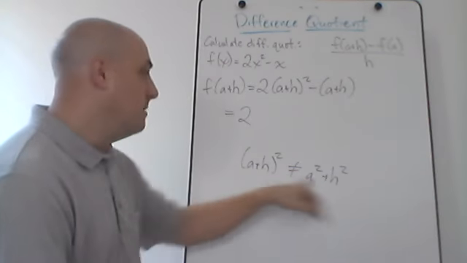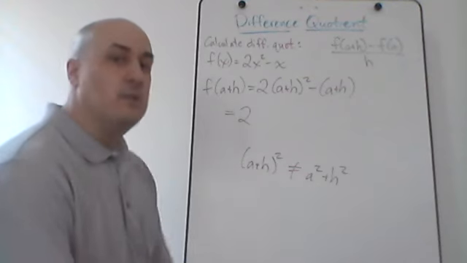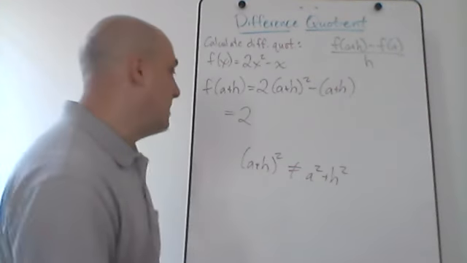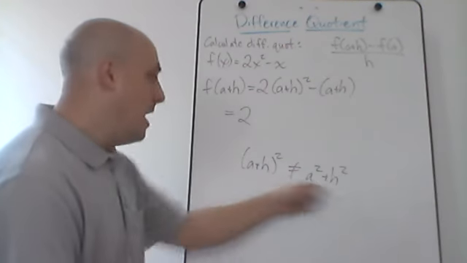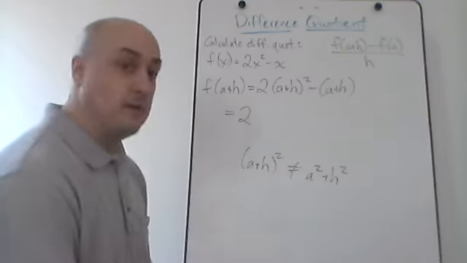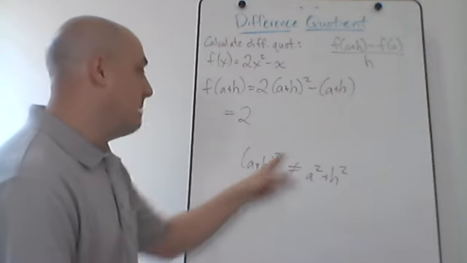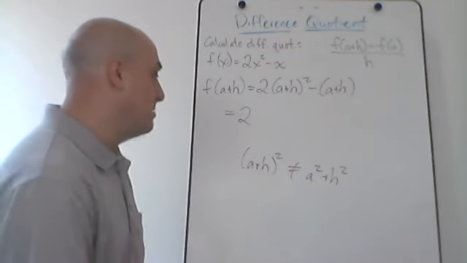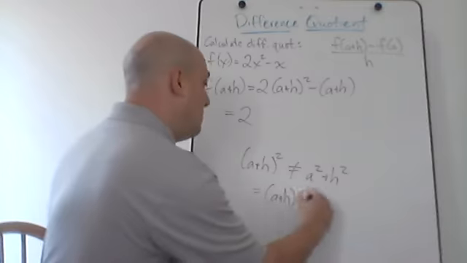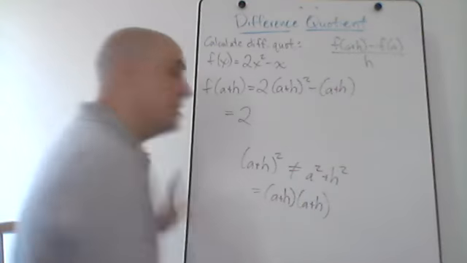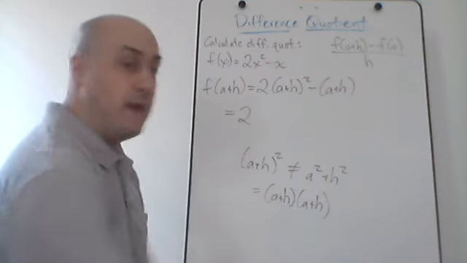So if you think that this should equal this, you should go back and look at the videos I did on the rules of exponents, or the ones I did on multiplying algebraic expressions to show that this is not the case. When you have addition or subtraction inside that parentheses, you cannot just distribute the exponent. What a plus h squared does equal is a plus h multiplied by another a plus h. That entire parentheses multiplied by itself again.